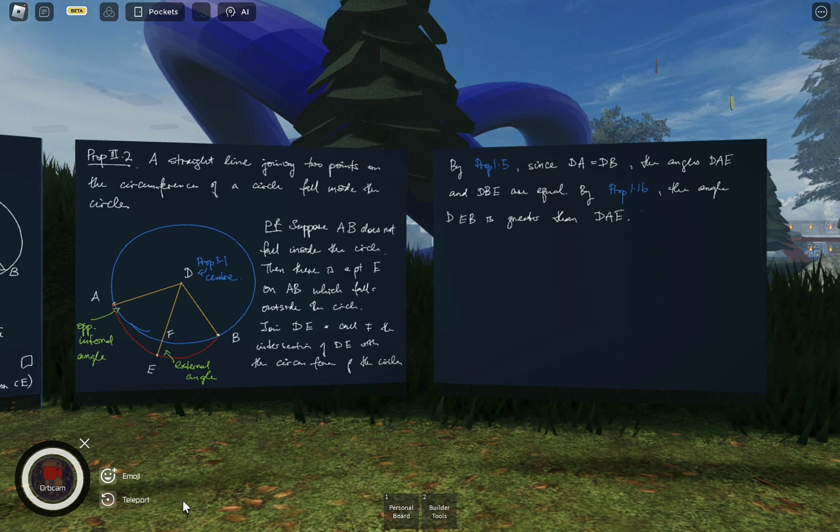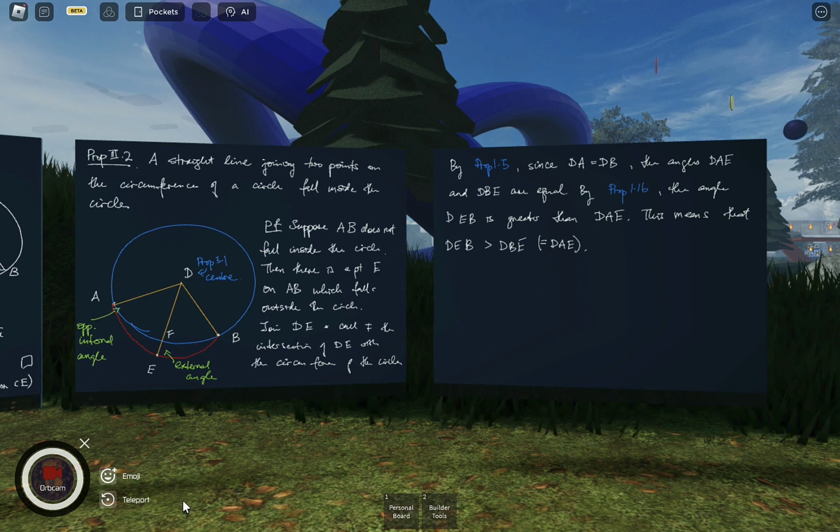And this means that DEB is actually greater than DBE, because DBE we showed earlier is the same as DAE, right? So I'm just putting the inequality that we had earlier together with the equality, right?